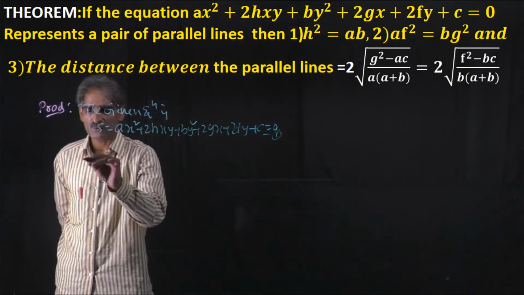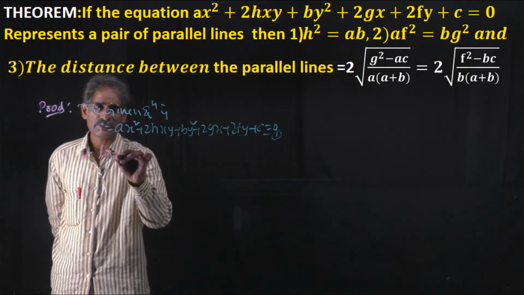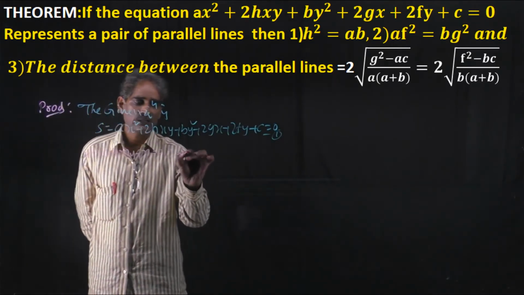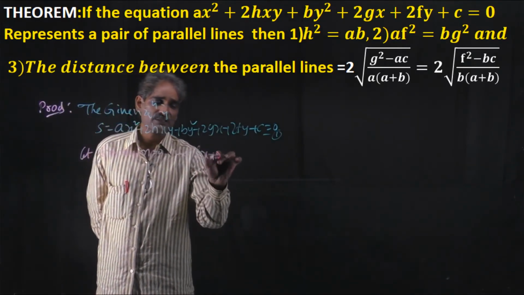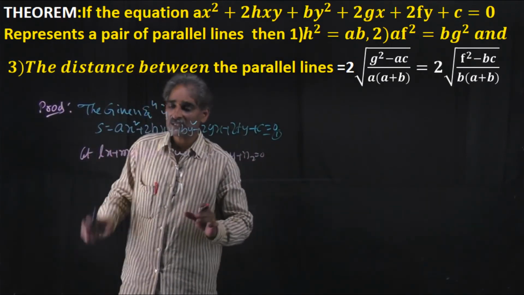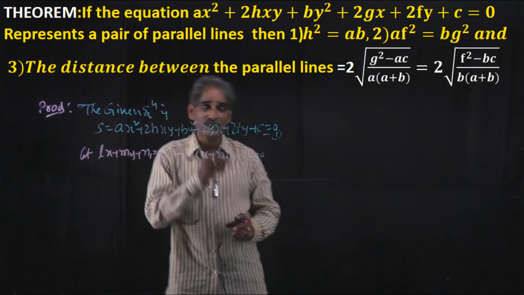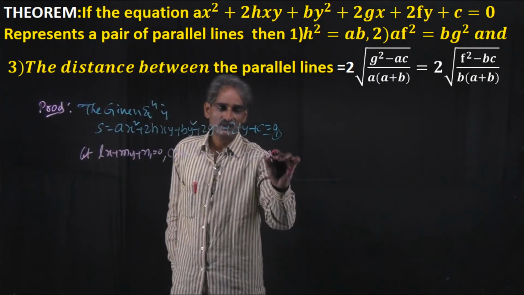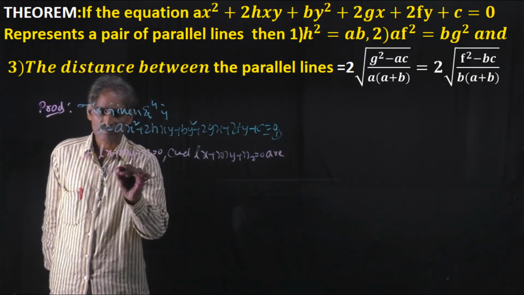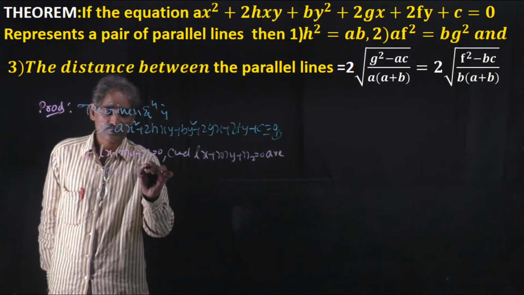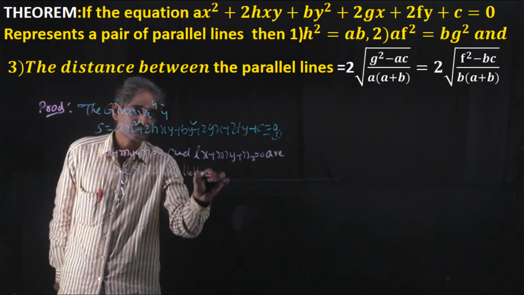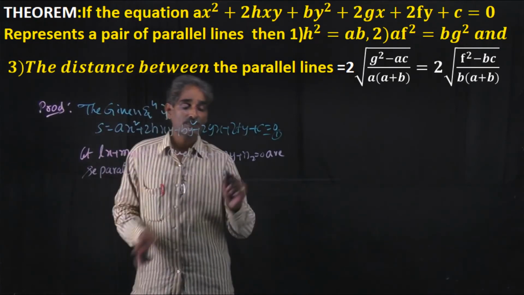So let us assume Lx plus my plus n1 equal to 0 and Lx plus my plus n2 equal to 0 are the separate equations of two parallel lines represented by 1.